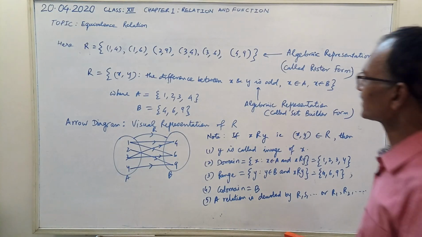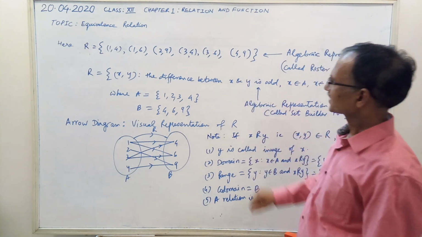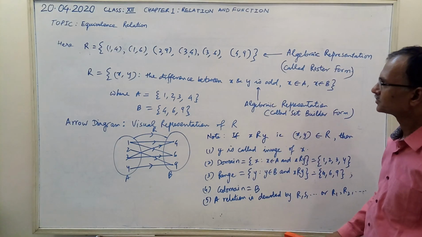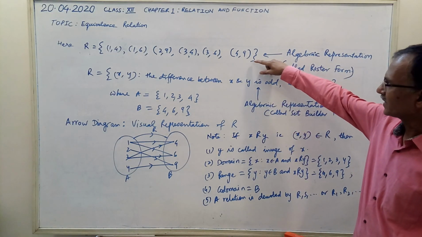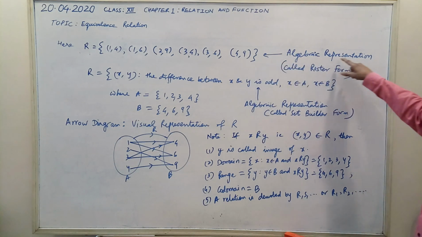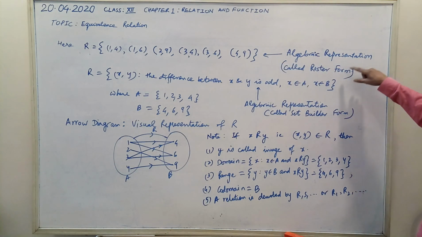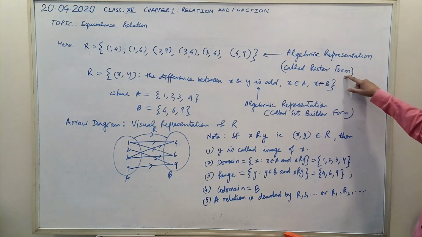So children, we have seen that here R contains these ordered pairs. When we represent a relation in this way, it is called algebraic representation, which is also called roster form of relation.